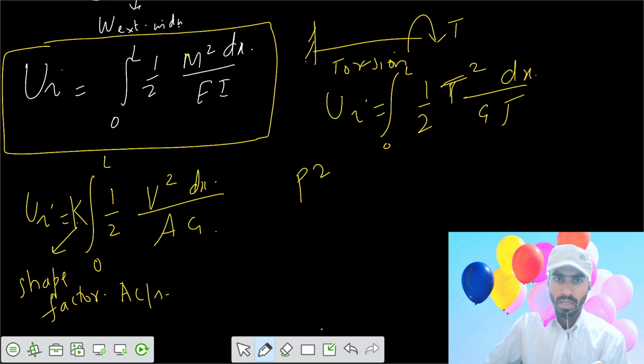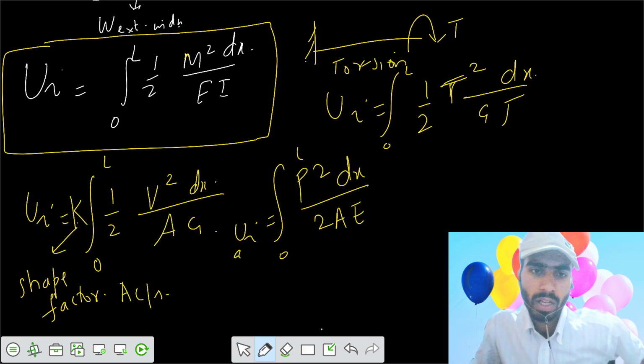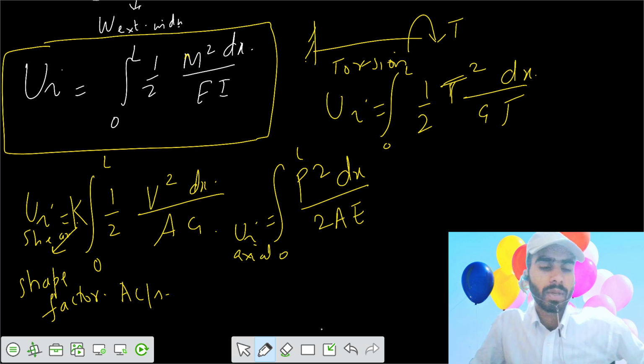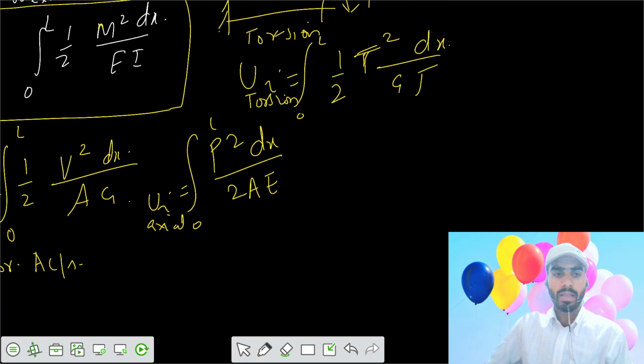Similarly, we can write P square dx by 2AE from 0 to L for U axial, U shear because of the shear force, and the internal strain energy developed because of the torsion. So we have these terms.